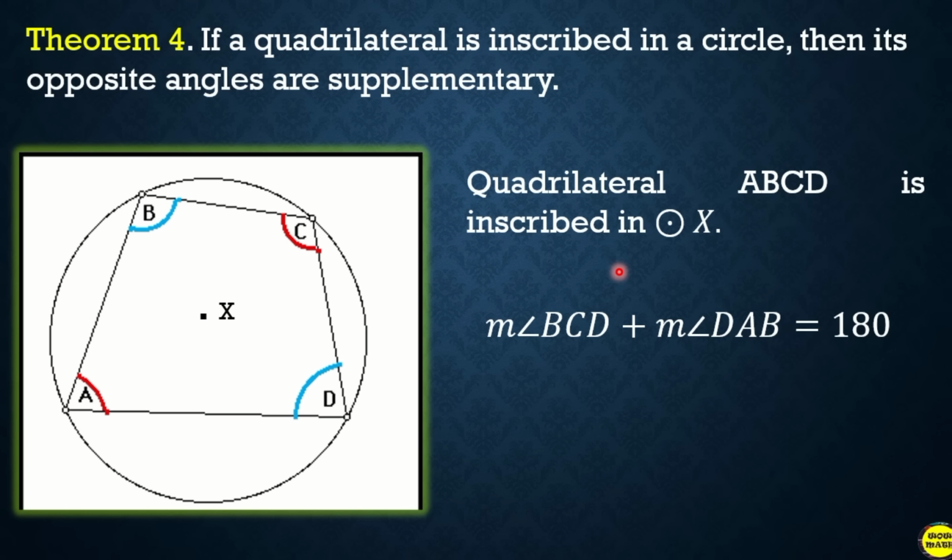Next is angle ABC, ito, and then plus the measure of angle CDA, ito. So, kapag inadd natin yung dalawa, that is equal to 180. So, tatandaan natin na kapag meron tayong quadrilateral sa loob ng circle, yung opposite angles nila are supplementary.